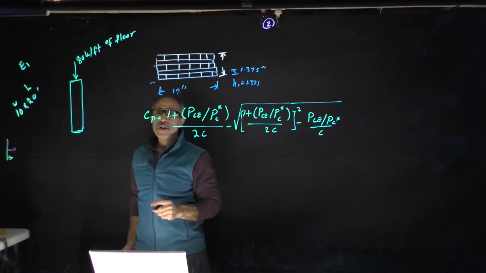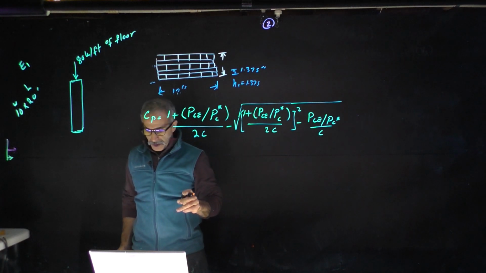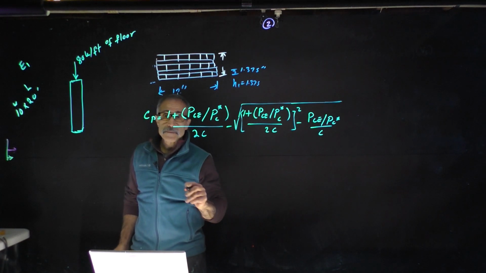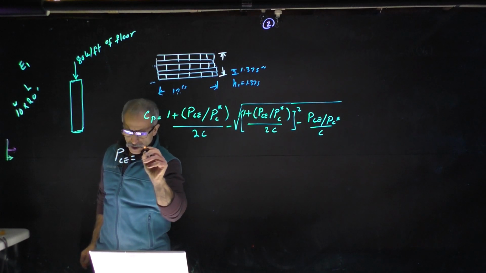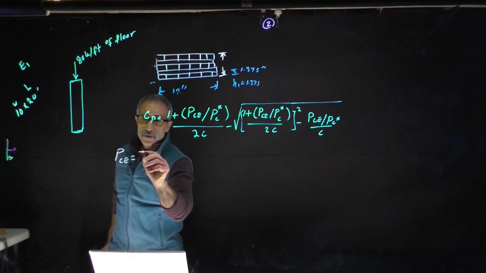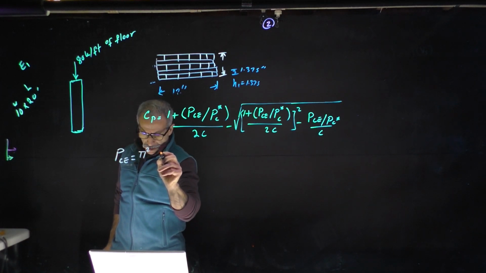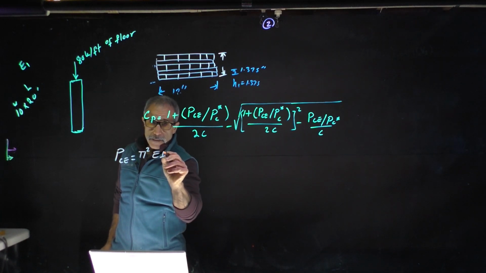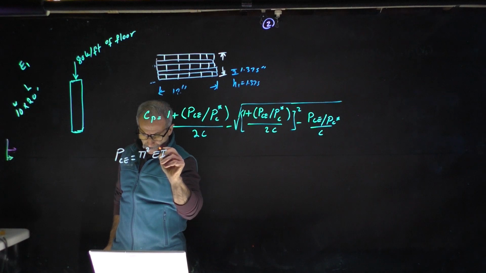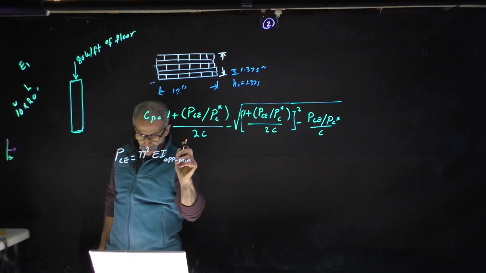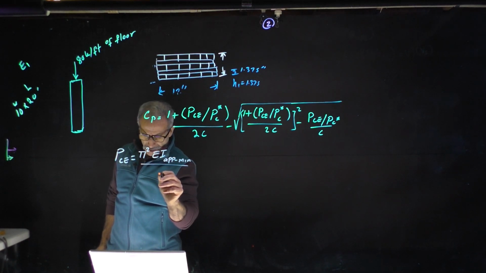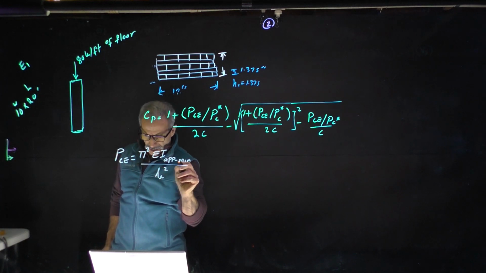So the first thing I want to find is P critical buckling, which comes out to the Euler equation, pi squared times EI apparent minimum, I'll talk about that in a second, divided by effective length squared.